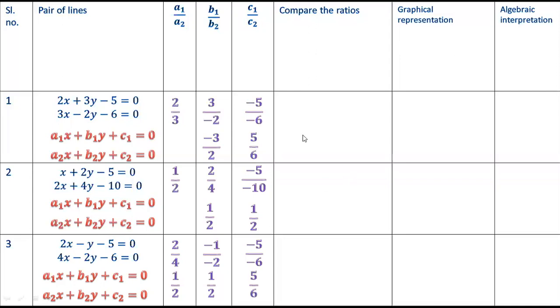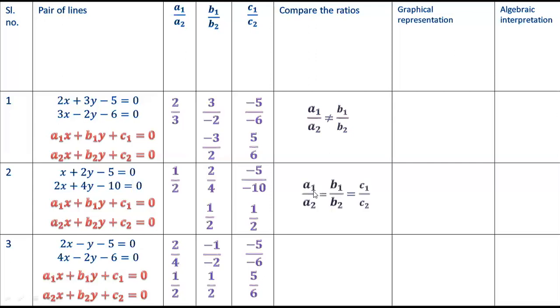Now compare the ratios, whether they are equal or not equal. In the first example, a1 by a2 is not equal to b1 by b2 and it is not equal to c1 by c2. So a1 by a2 is not equal to b1 by b2.